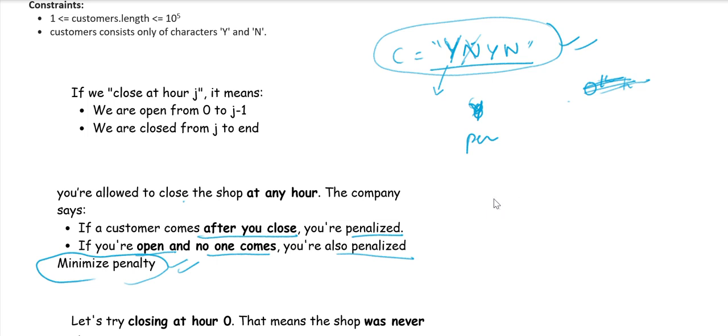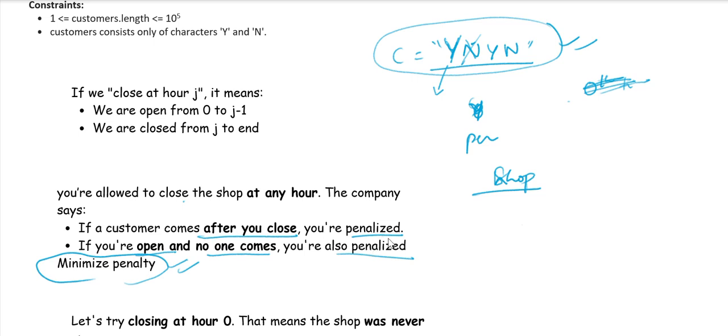So let's summarize it once again. You have a shop, and you can't choose when to open, you will always be open, you have to choose when to close your shop. If your shop is closed and some customer came, you'll be penalized.